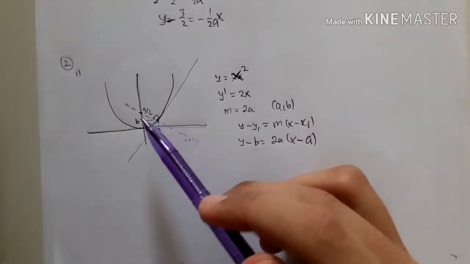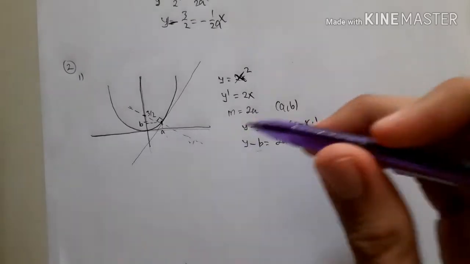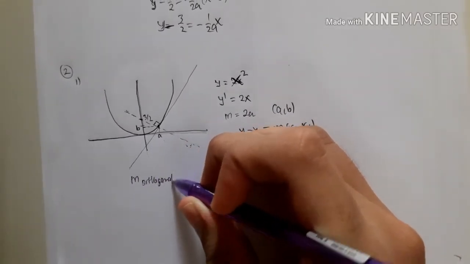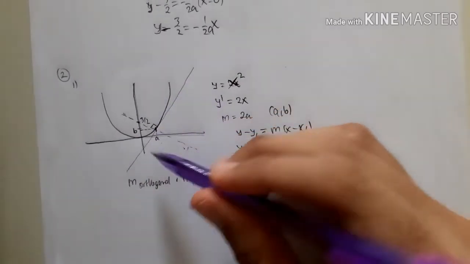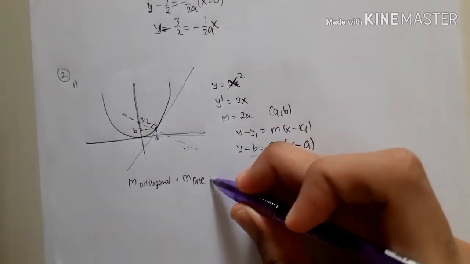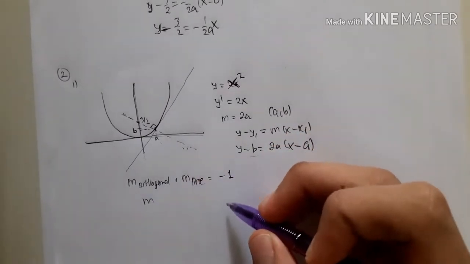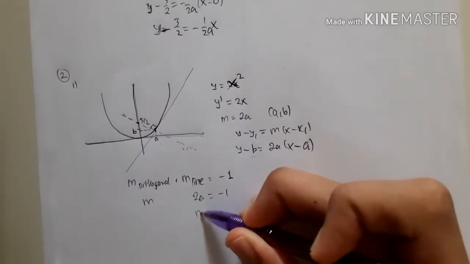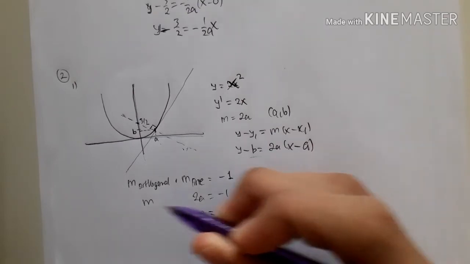Now we can form the perpendicular line. Remember that the gradient of the orthogonal line times the gradient of the tangent line equals -1. Because the gradient of the tangent line is 2a, the gradient of the orthogonal line is -1/(2a).